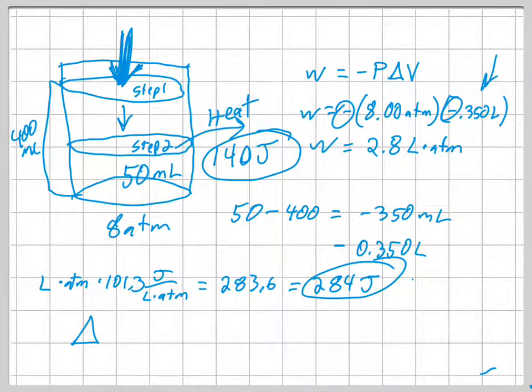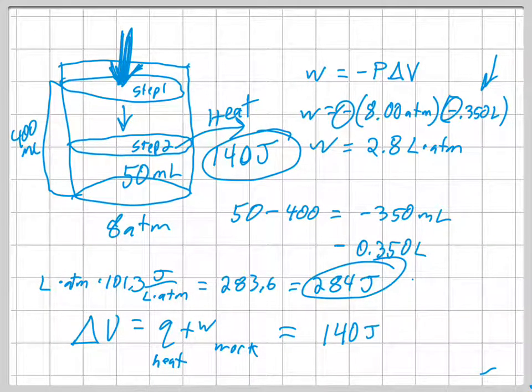Well, the change in the energy is equal to Q plus W. Q is heat and W is work. So the amount of heat that was given off is 140 joules. Now that is negative, because the heat left the system.